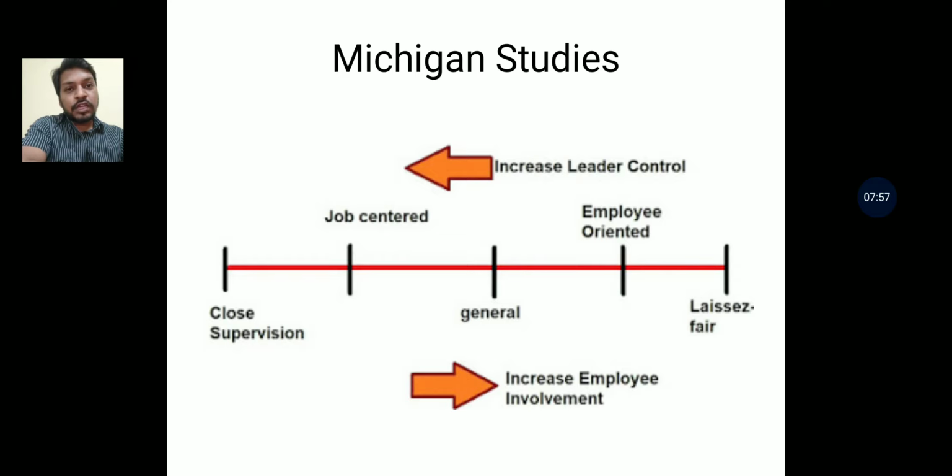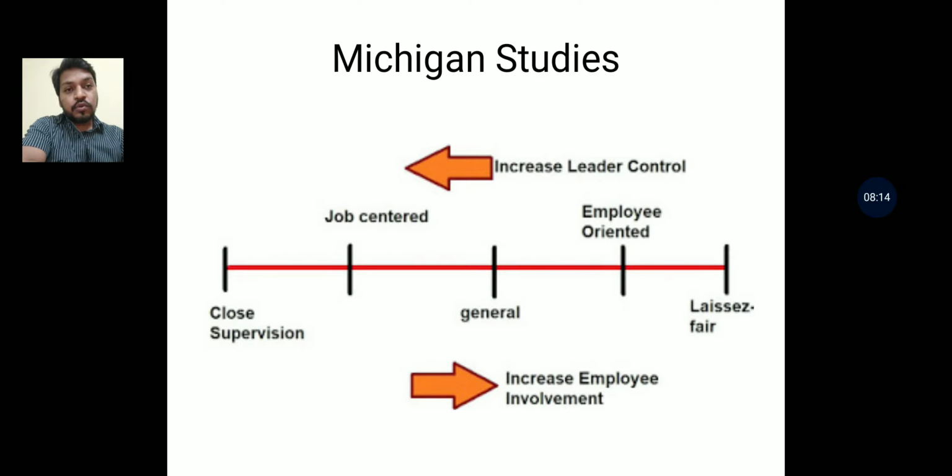So these are the two extreme ends of the Michigan studies. Either the leader is totally focused on production and closely supervises everything, or he is totally towards the employee side and gives free rein to the employees.